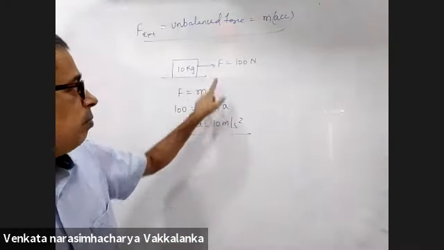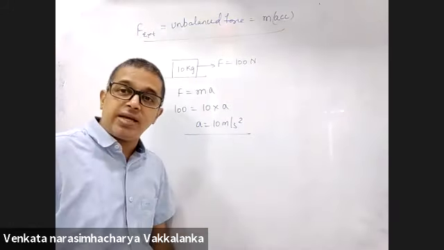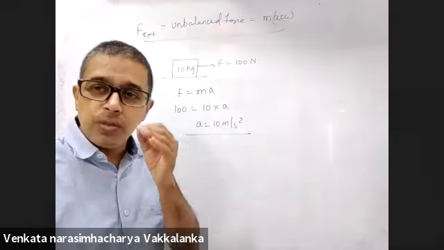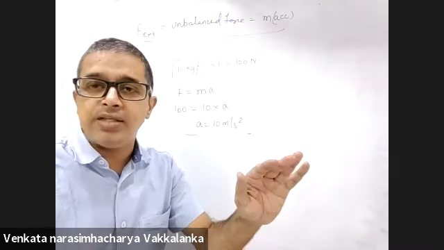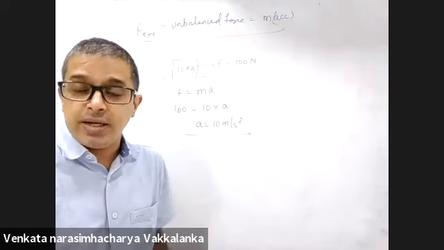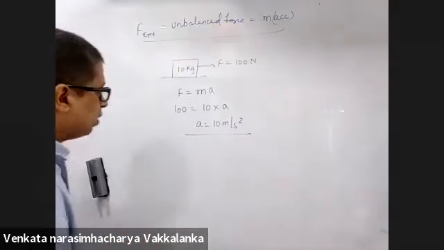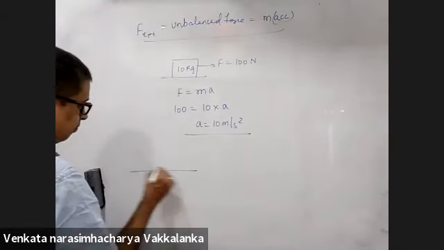F equal to ma. You gave me the force, you gave me the mass, you're asking me the acceleration. So the bottom line is net unbalanced force, you will equate it to mass into acceleration in the direction of the unbalanced force. Now consider this example.